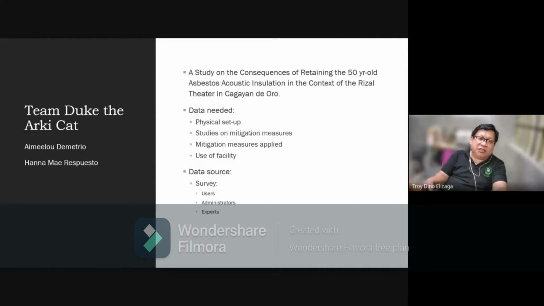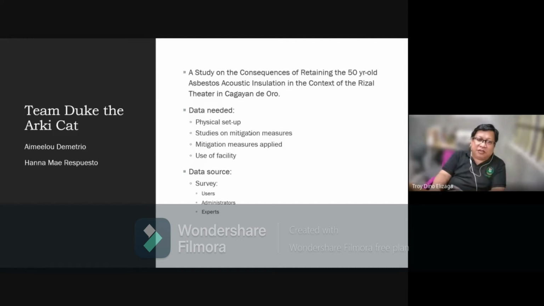So whether those conditions are applied, you have to check, no? And then you also need to include the use of the facility, how often, how frequent, for what activities, etc., and just see the relations later.